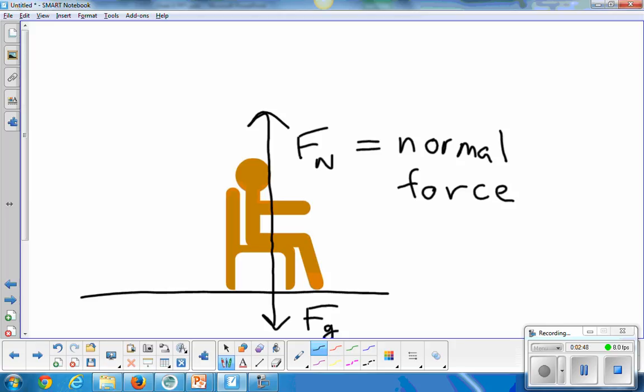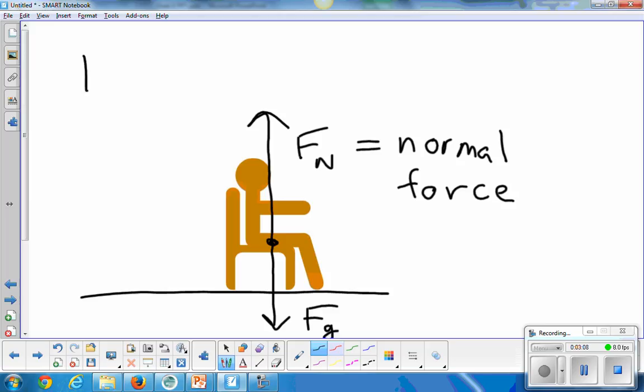Well, he's not moving. He's not moving at all. He's not accelerating. So overall, that means something is zero. What is that? The total force. We call that the net force, sort of like your actual, what you've not grossed, but what you netted, let's say if we're talking about money.